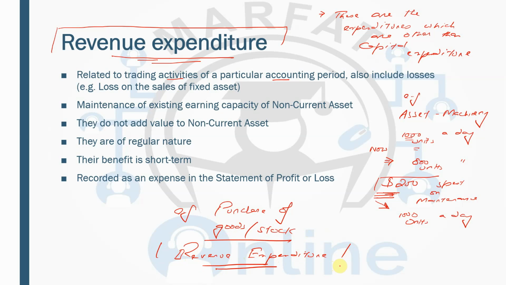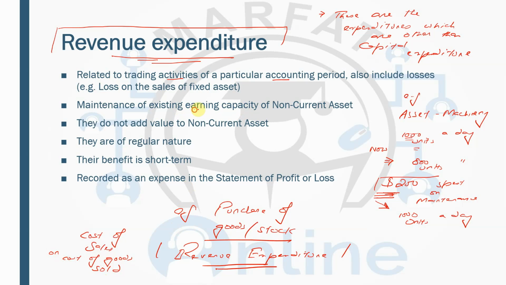And how we record it, we have studied in the accounting version. This is cost of sales, also known as cost of goods sold. So in the statement of profit or loss, we record this in the cost of sales or the cost of goods sold.